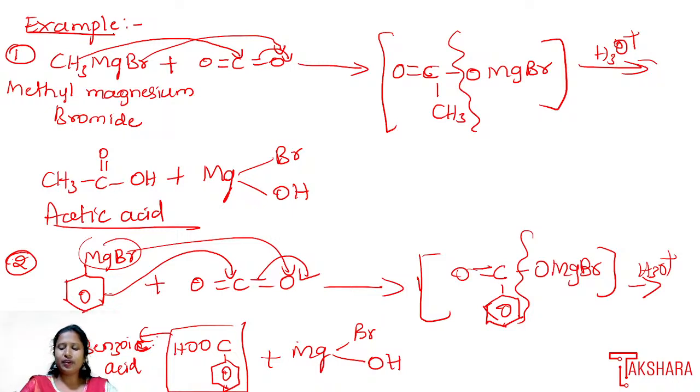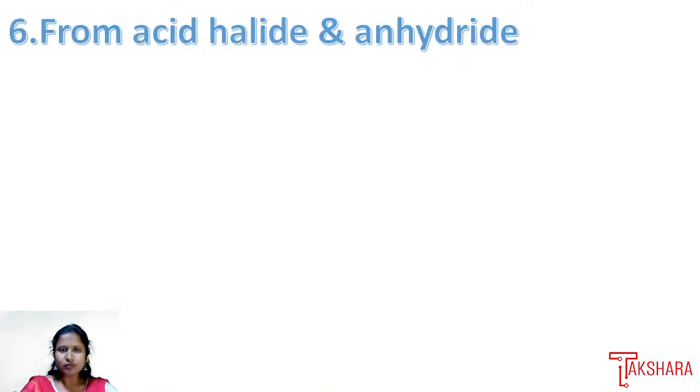Okay, next we'll move on to the next reactions, from acid halides and anhydrides. So by using acid halide reactants and also anhydride reactants, how to prepare carboxylic acids.